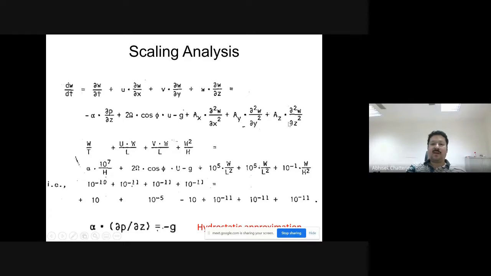And then AX, AY, AZ, you get this time derivative of W, which is of order 10 to the power minus 7, minus 10. The advection terms are 10 to the power minus 11, much smaller. Then the pressure gradient term is about 10. Okay. And the rest of the terms are also very small, except this G, that is also of order 10.